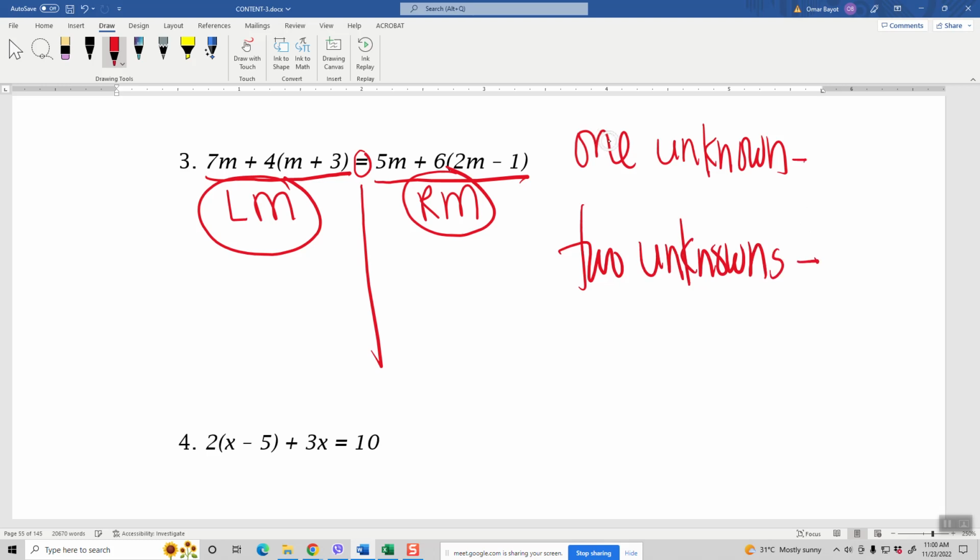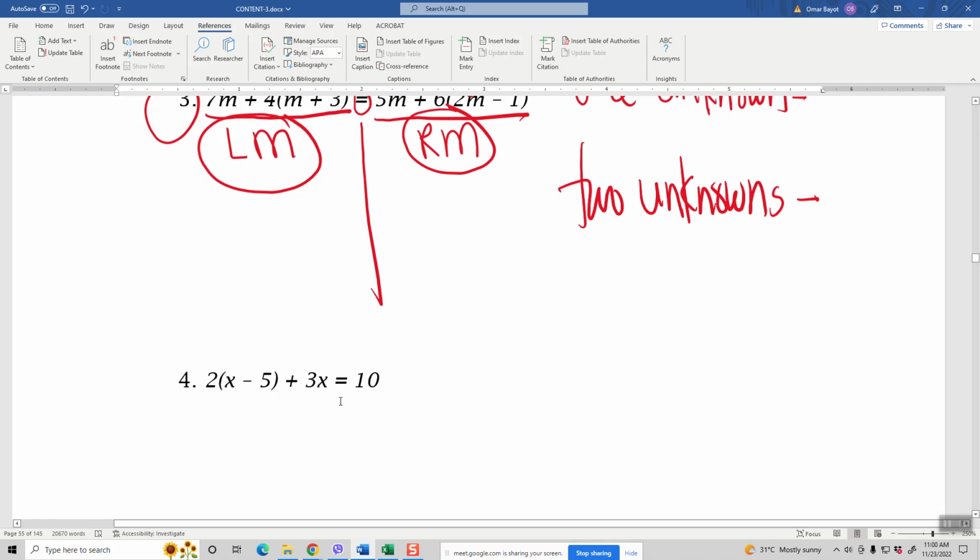Okay? So when we talk about one unknown, only one variable, like for number 3, m is the only unknown. The same is true if you notice here on number 4, only one unknown is being required to determine, and that is x.